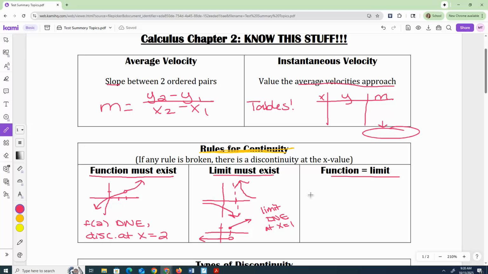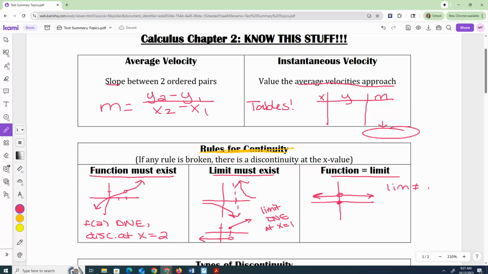Third rule, the function has to equal the limit. So if I want to draw a graph where the function exists and the limit exists, but they're not equal, what if I did something like this? Does my function exist? Yeah. Does my limit exist? Yes. But they're not the same.